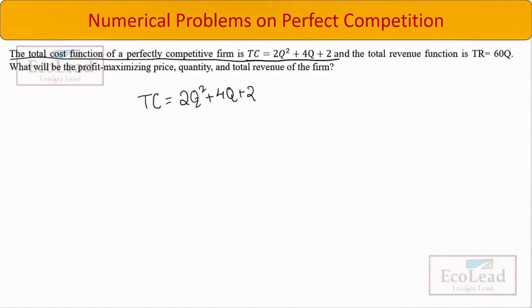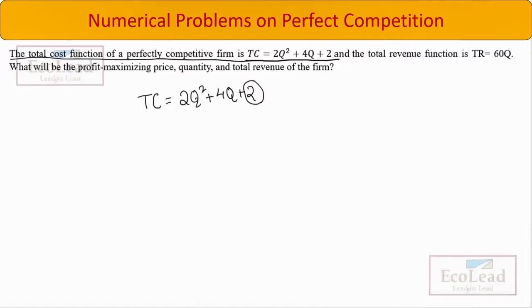Now if you look at this function, you can see that we have a component which is 2 that is not associated with the term Q. What does it mean? That means irrespective of the amount of production, this 2 will be associated with the total cost.